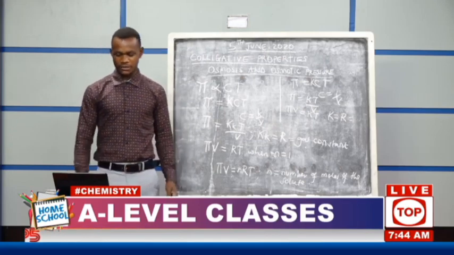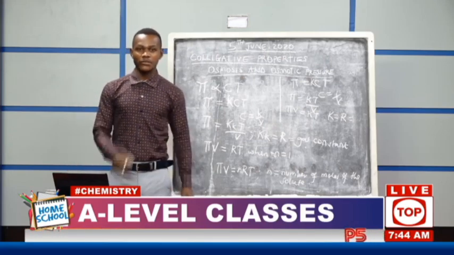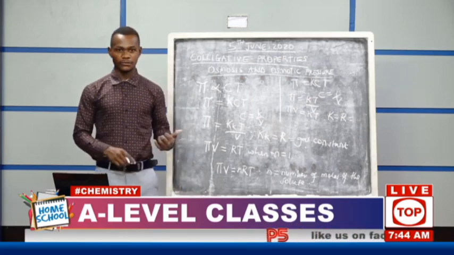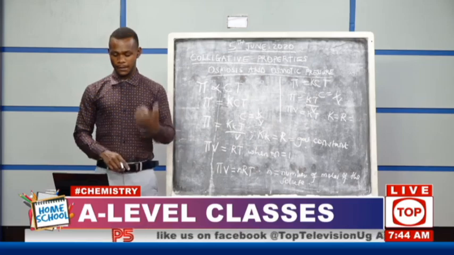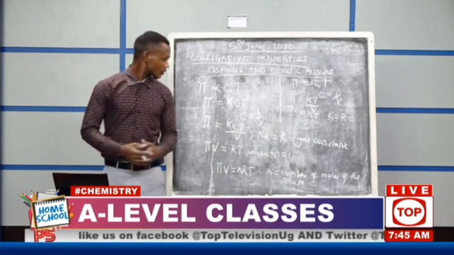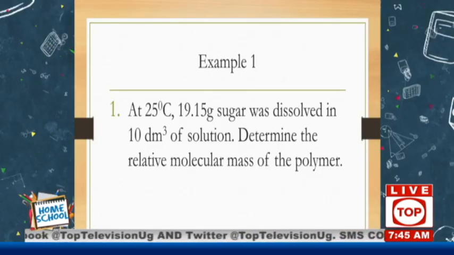Those are the limitations. Let us look at example 1 and see how we can apply the equation we have got into that calculation, and so we shall have achieved our second objective today.